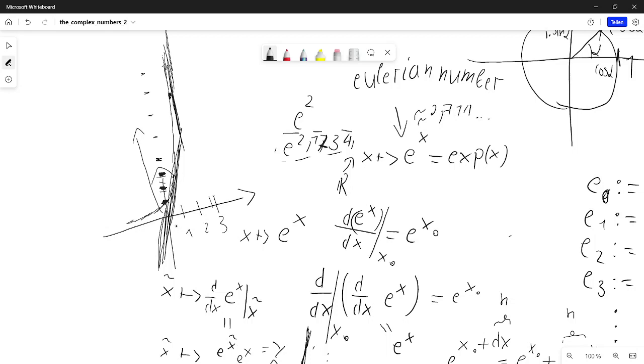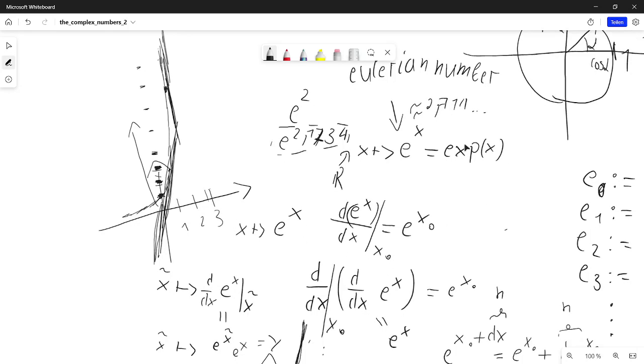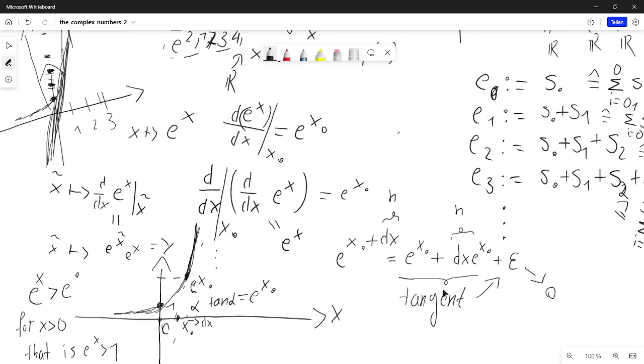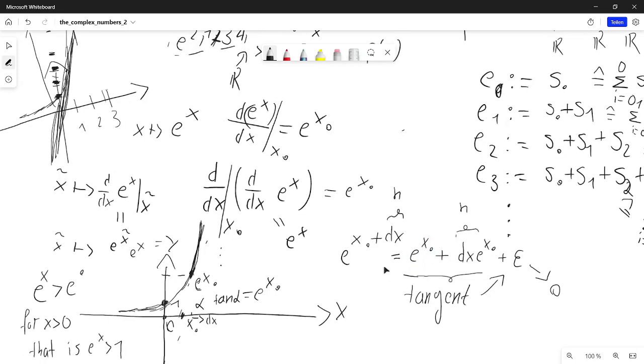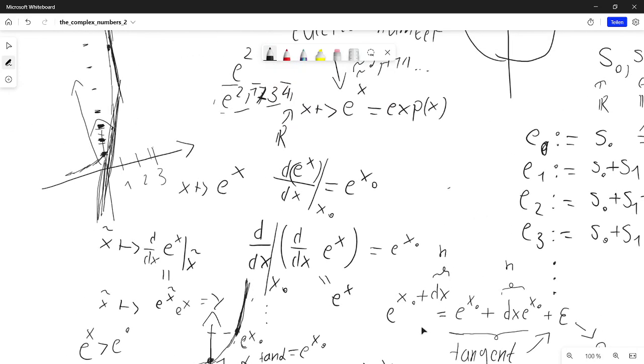So the question is, what is wrong here? Because this has to be this large value, right? It's zero. It's zero means here.